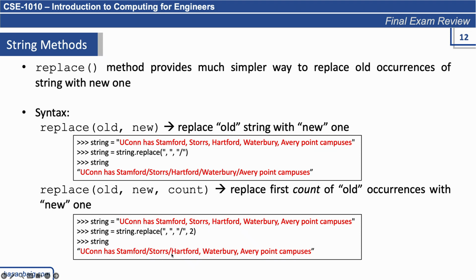That is also replaced with the /, and then the remaining occurrences remain the same. When we were not specifying any count parameter, any value here, it would replace all the occurrences. Any question?